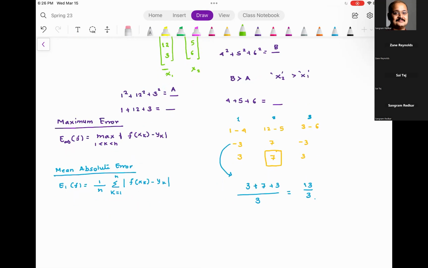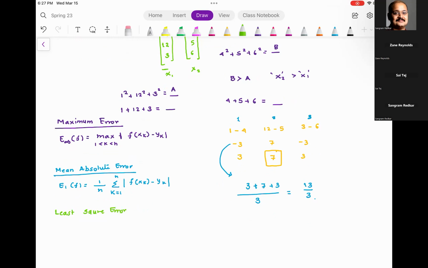And the last norm that is typically used is the least square error.